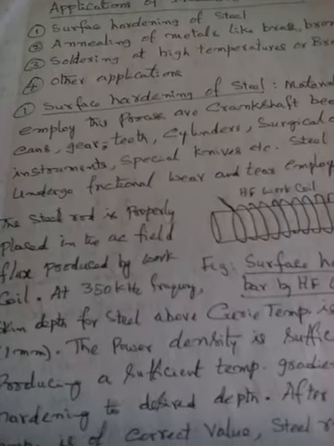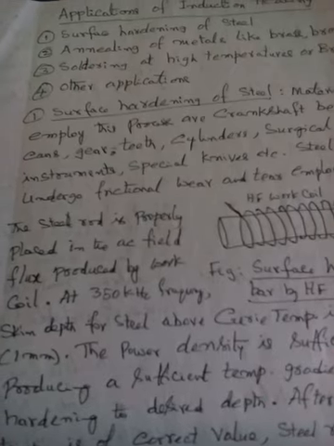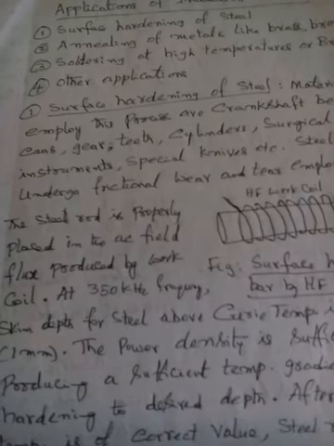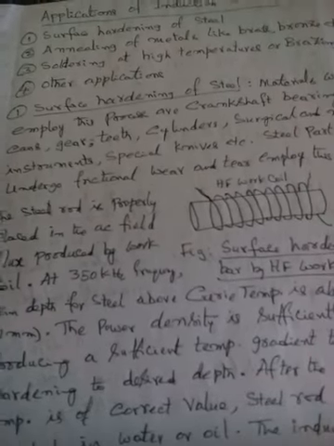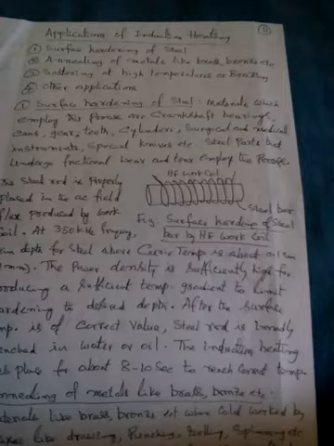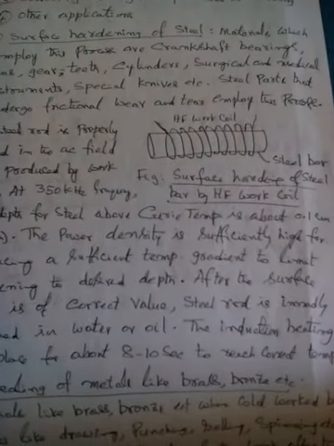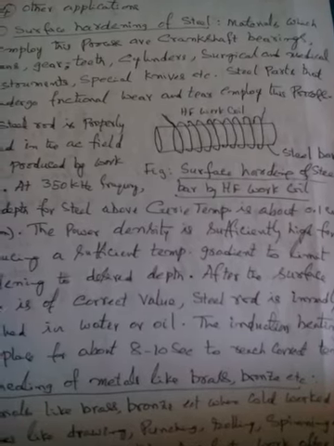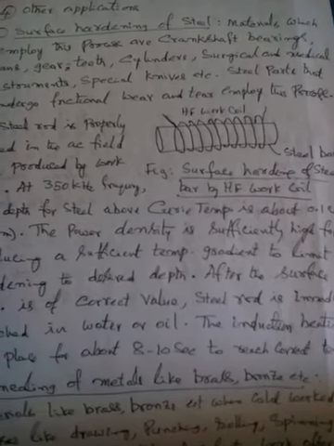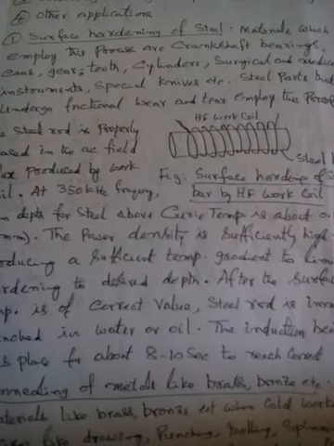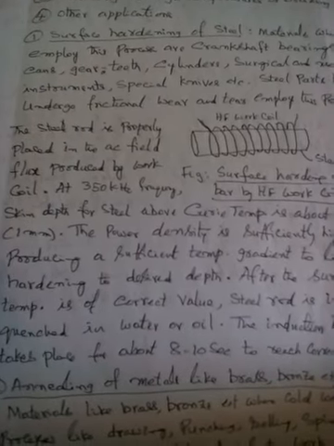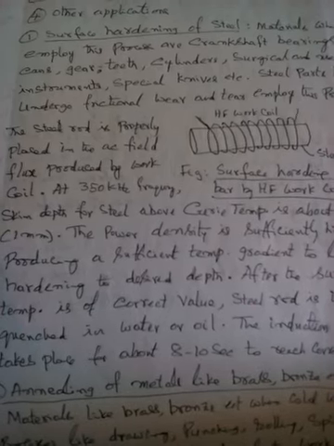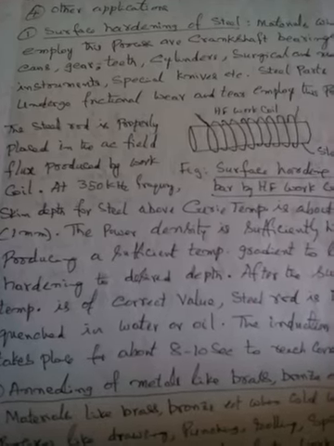The steel rod is properly placed in the AC magnetic flux produced by work coil. You can see the diagram. Surface hardening of steel bar by high frequency work coil. The steel rod within high frequency coil. That is what is induction heating. The steel rod is properly placed in the AC field flux, that is magnetic flux produced by work coil.